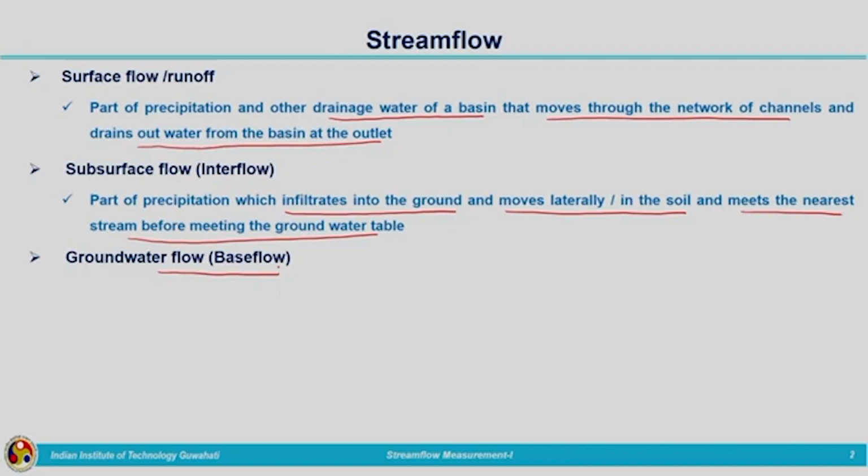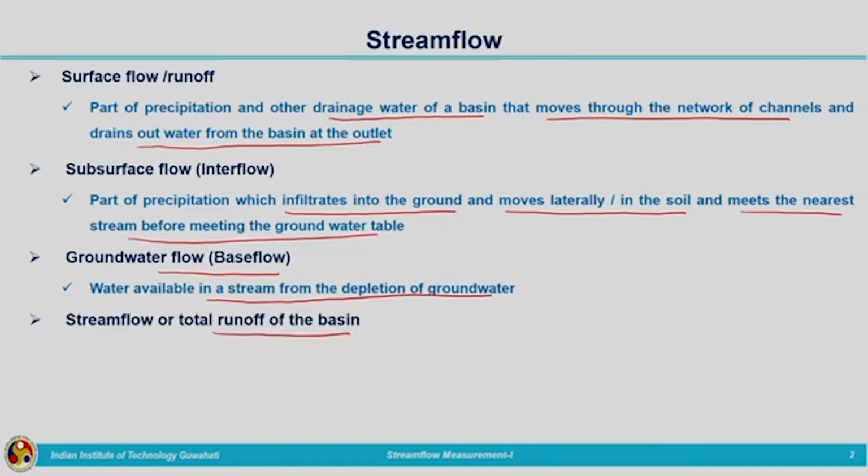Next one is the groundwater flow or base flow. This is the contribution to the stream coming from the groundwater. Some amount of water will be available in the stream from the depletion of groundwater. So, this is termed as base flow. So, when we talk about stream flow or total runoff of the basin, all these three components along with the precipitation come into account.